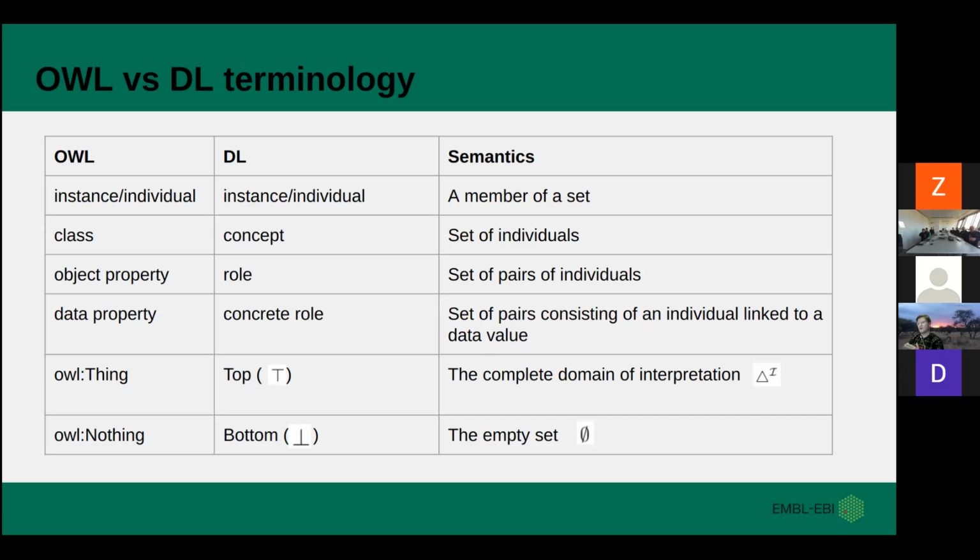In description logic, you will refer to that as a concept. And these represent sets. A concept is a set of individuals. A class is a set of individuals. Object properties consist of pairs of individuals. That is, for instance, the married-to set.